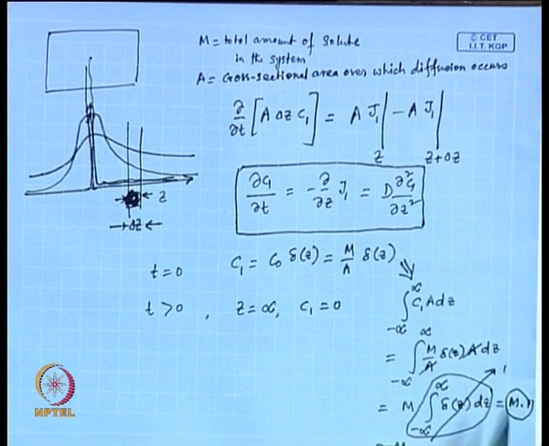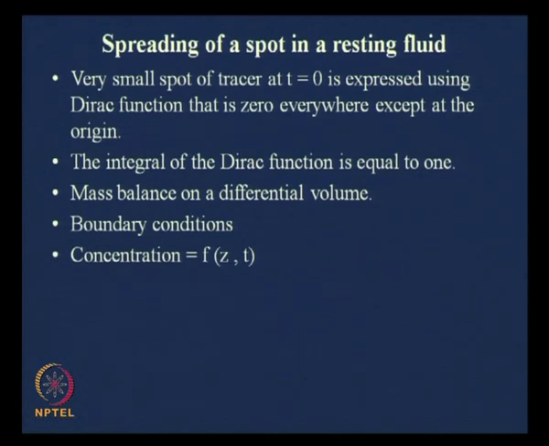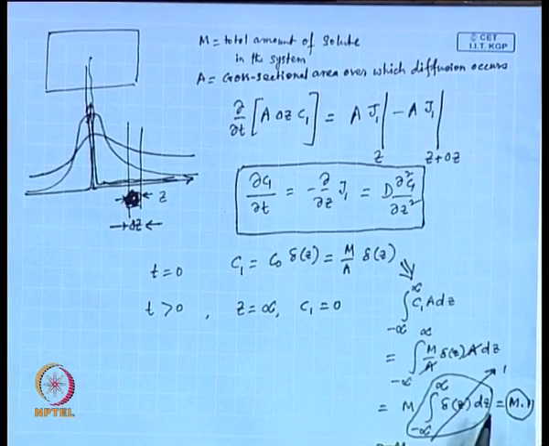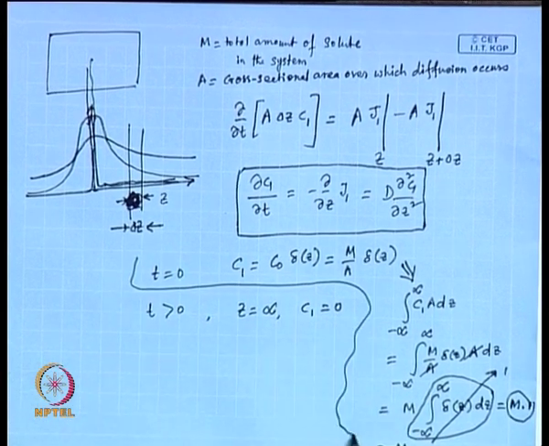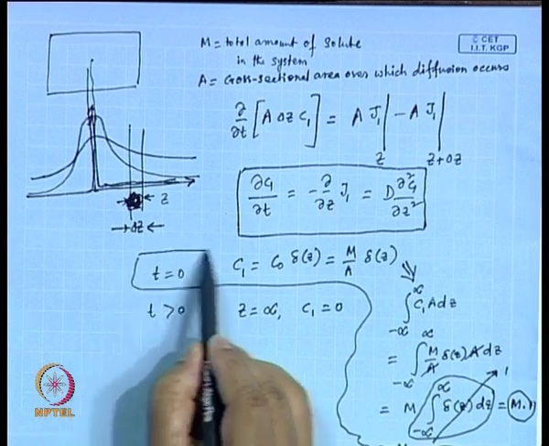So, that is what probably I referred to in this slide as the integral of this Dirac function. Basically, I should have said from minus infinity to plus infinity. So, this is basically the condition that we have. One condition is at t equal to 0, we satisfy this part.